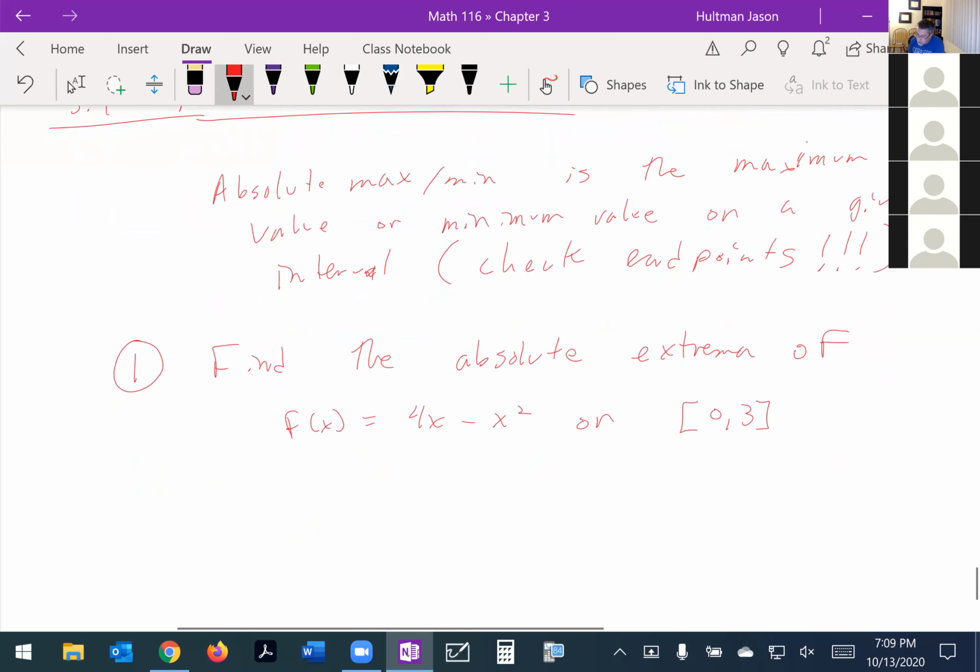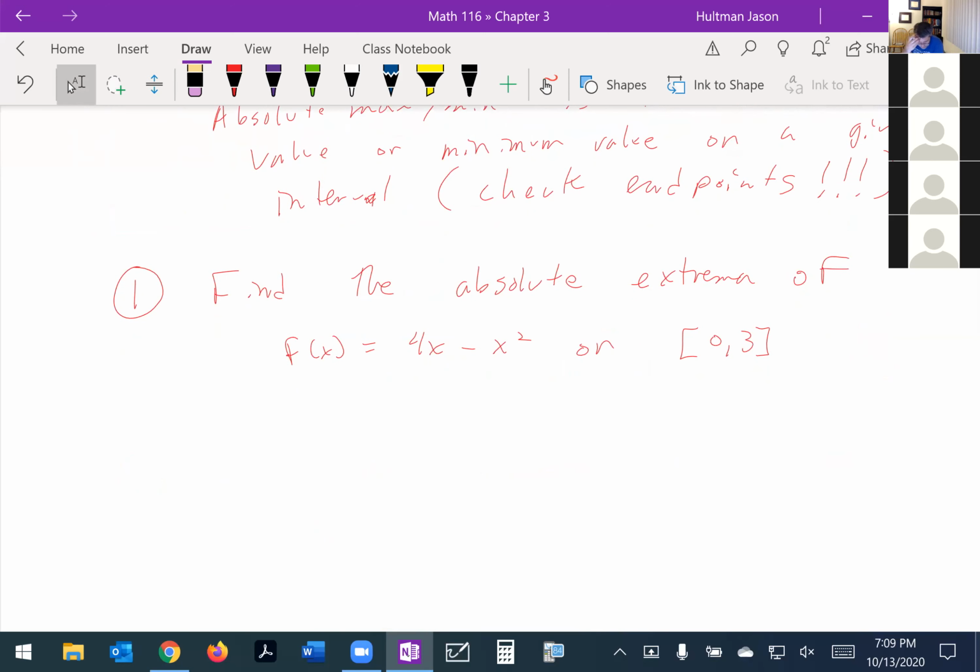Okay, so what do we have to do? We have to find our relative extrema and the values at the endpoints and then compare all of them. That's going to tell us which one's the biggest and which one's the smallest. We need to find the derivative to get our critical values. f prime of x is equal to 4 minus 2x, and I'm going to set that equal to 0.